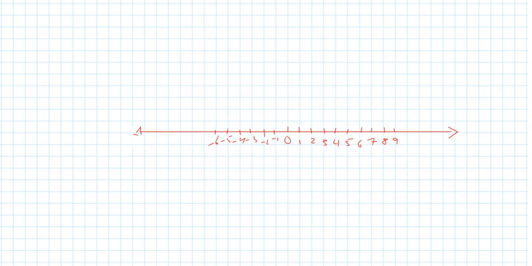If you have this question, negative 4 plus 7, where do you start on the number line? Start at negative 4. And then which way do you go since you're adding? To the right. So I'm going to have to go 1, 2, 3, 4, 5, 6, 7 to the right. So my answer is going to be 3.